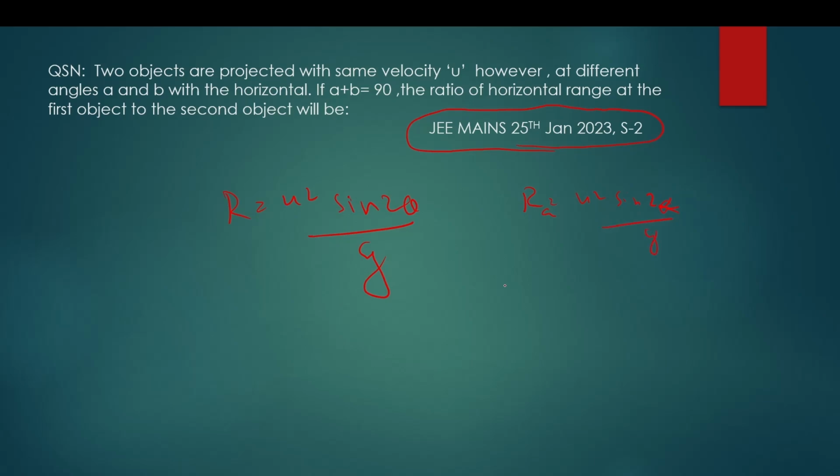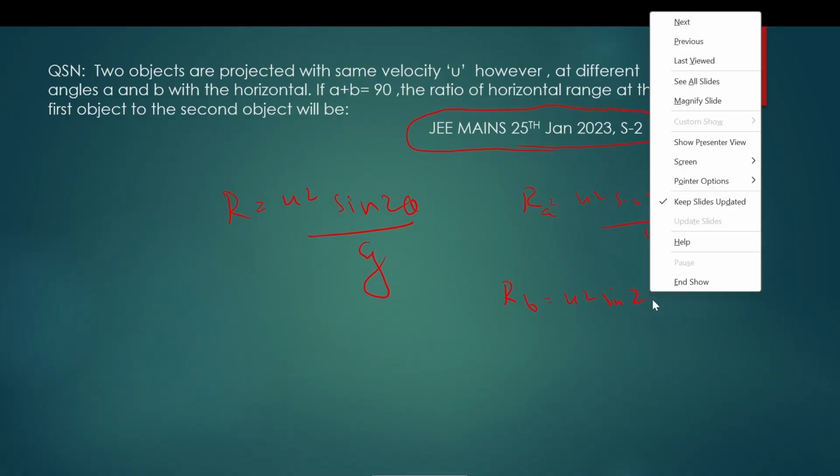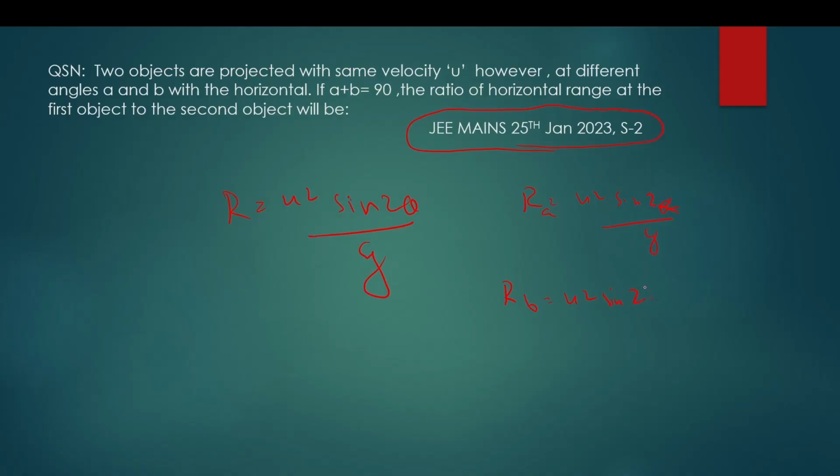Again R_B equals u square sine 2b by g is the horizontal range for angle b.